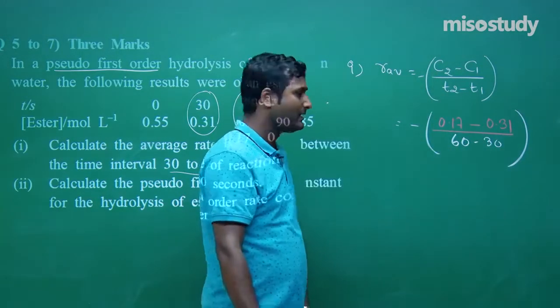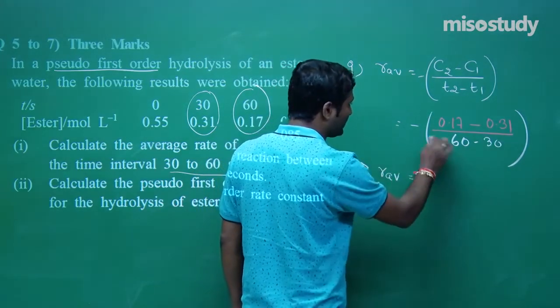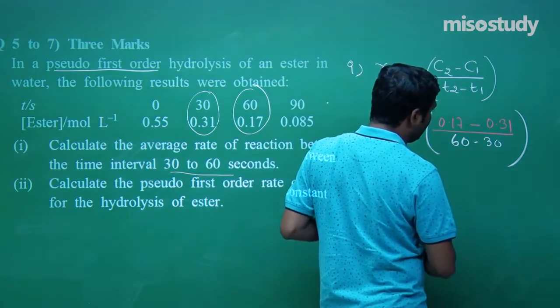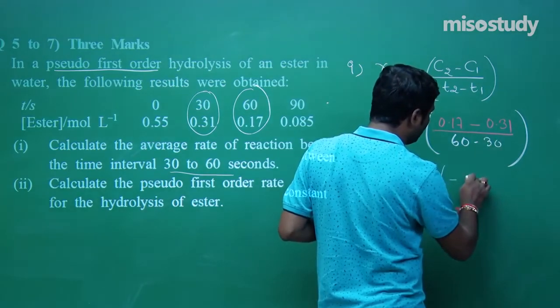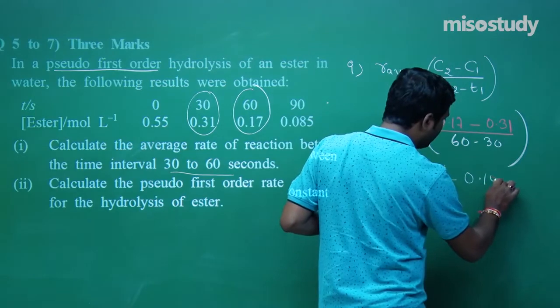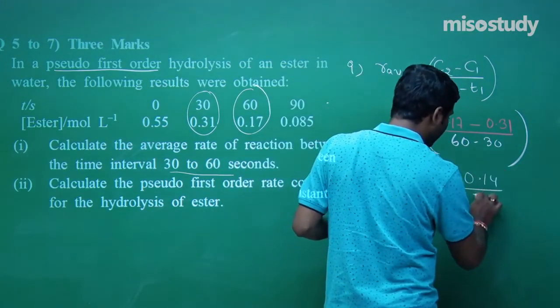This is the case. That is, we say the average rate of reaction is equal to minus 0.17 minus 0.31. That will be equal to 0.14. Clear to you? Upon 30.